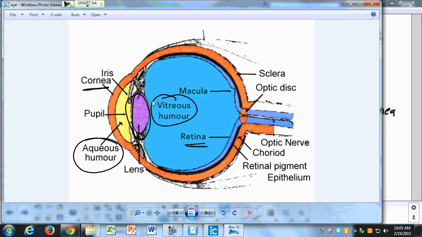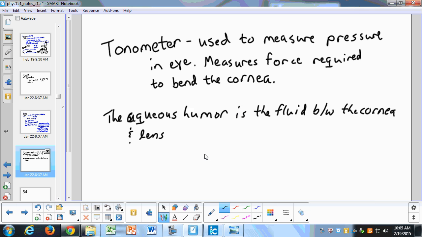So our cornea is here on the outer surface. It's actually the whole outer surface, but usually when we talk about the cornea, we're just talking about this part. And then here's our lens, which is this fluid-filled sac, and it causes light to refract when it comes into the eye. So our aqueous humor is this fluid right here, in between the cornea and the lens. This fluid is discharged and replenished continuously.